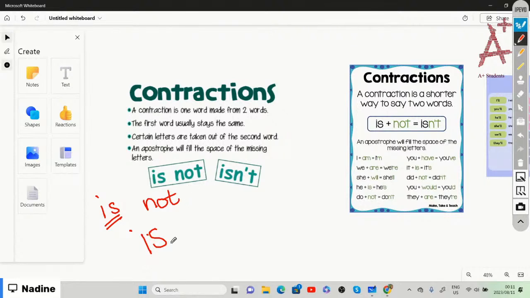Now we need to put these words together to make one word. We are shortening these two words and making it one word. So isn't. We put an N, put the apostrophe in the place of the O that we are taking out, and then we put the T. So it's like saying is not without the O. Now it becomes isn't. So is not is the same as the shortened isn't.